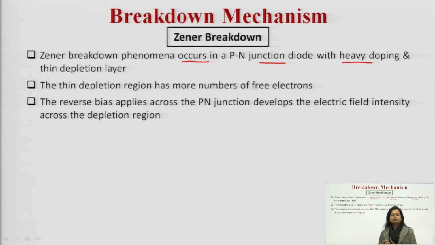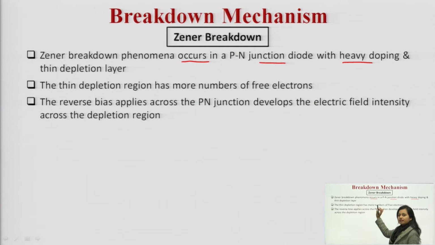When a trivalent impurity is added, a p-type semiconductor forms, and when a pentavalent impurity is added, an n-type semiconductor forms. The amount of impurity added determines how the properties vary.